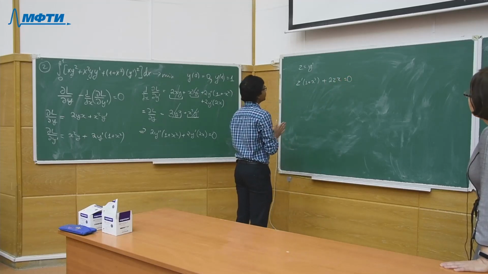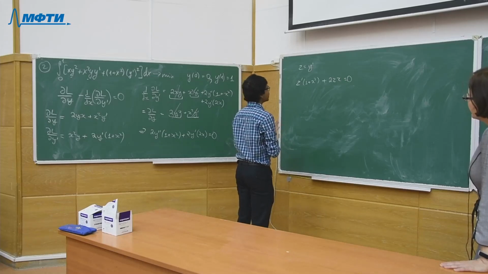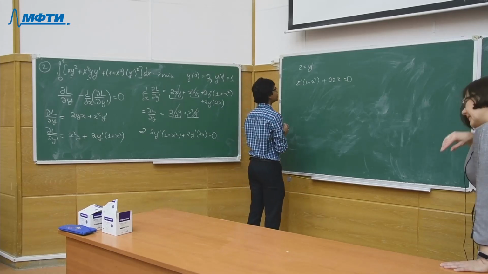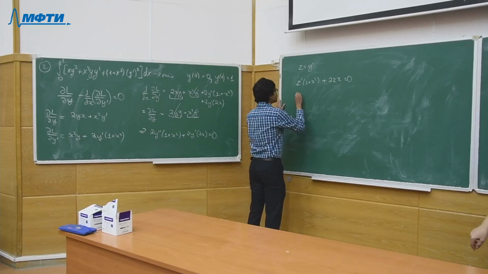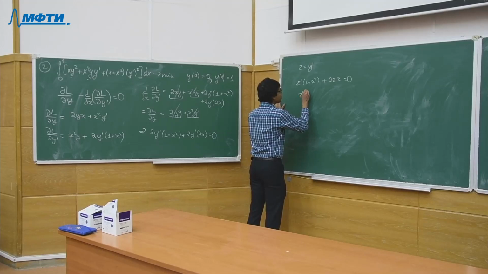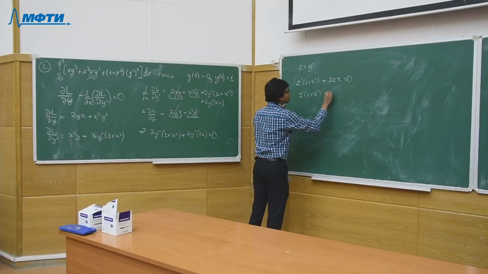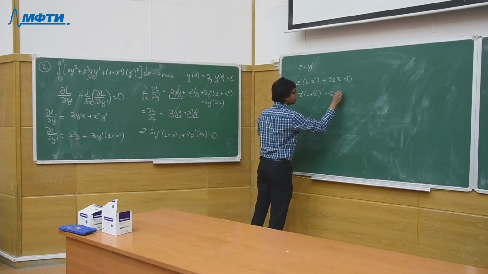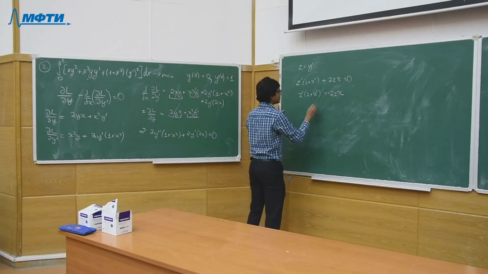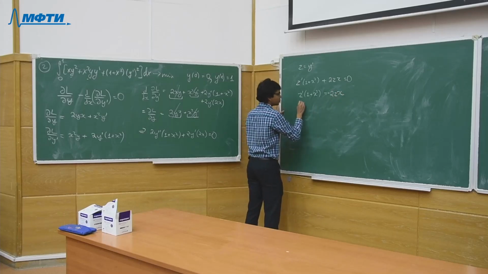And the variables are separated. Then z prime should be rewritten as dz over dx.